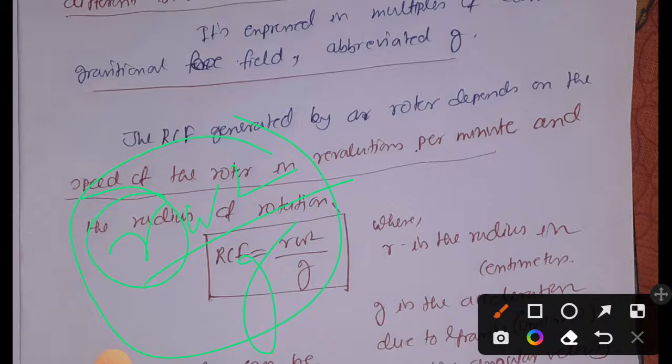From that, by putting omega equal to 2 pi rpm by 60 and g equal to 980, we can get our desired formula.